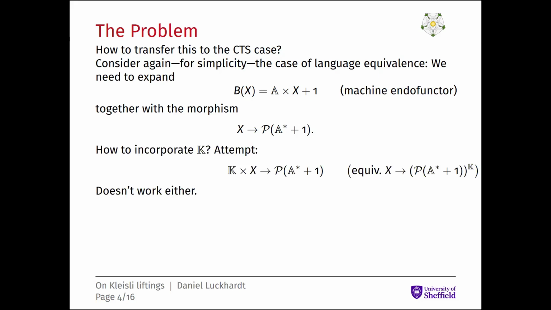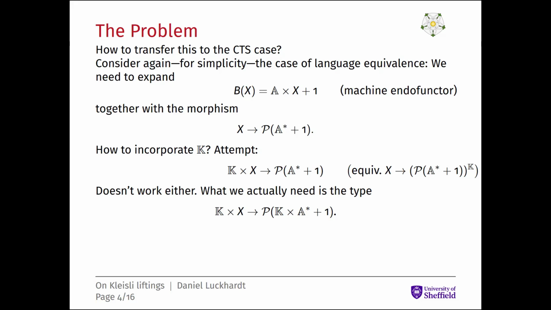We could put it on the domain here, but this isn't quite sufficient because it should also appear on the right side. And also the theory doesn't really work. So when you think about how it should look, you want something of this type, where you have K twice.